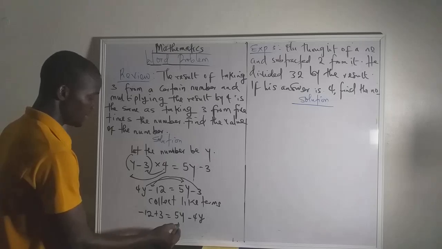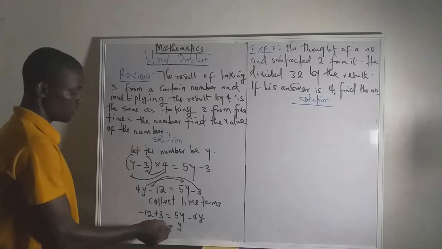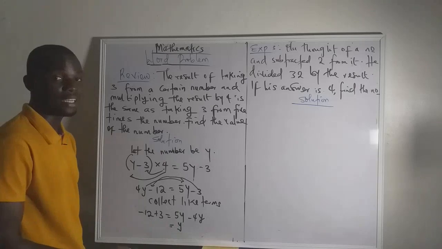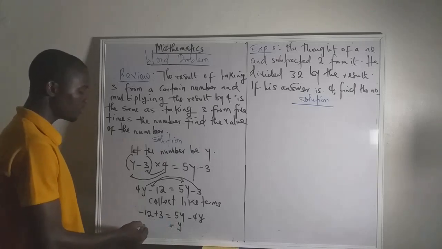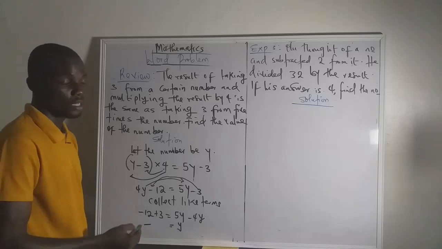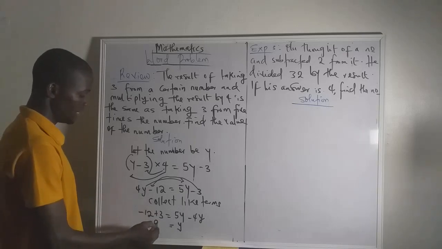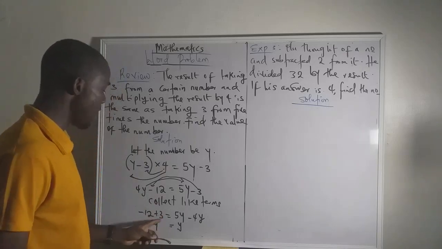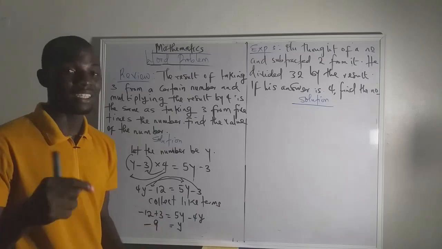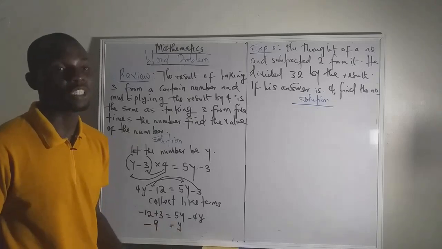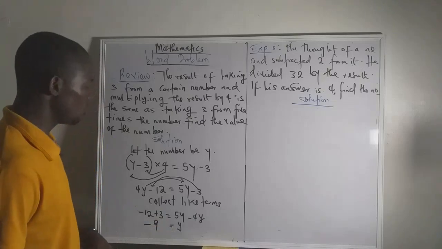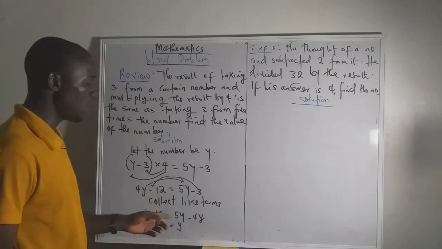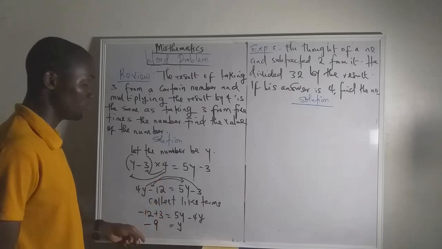Our answer here is y on the right hand side, and our answer here is negative 9. If you add 3 to negative 12, it's going to give you a negative number. So you can also check your answer. The number we are looking for is minus 9.